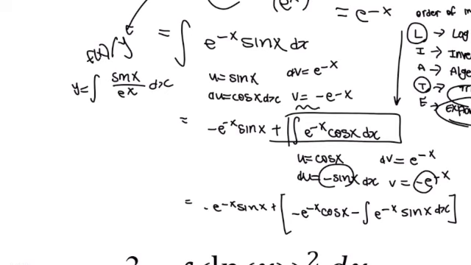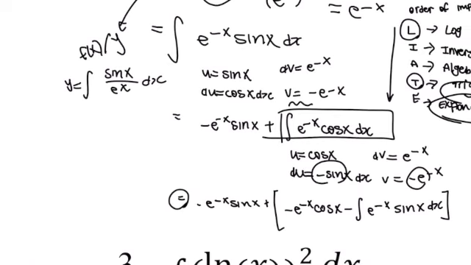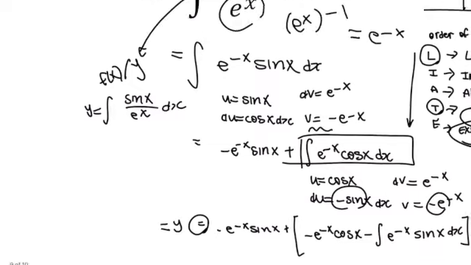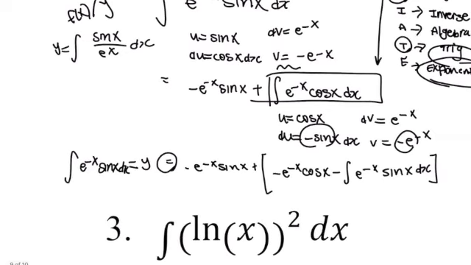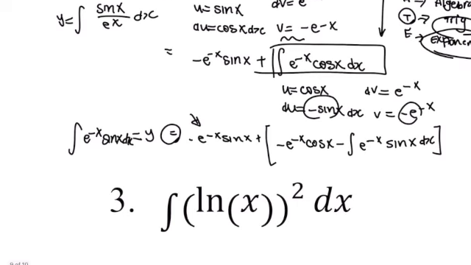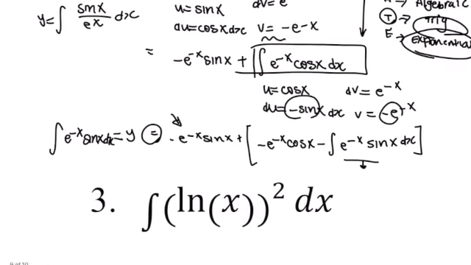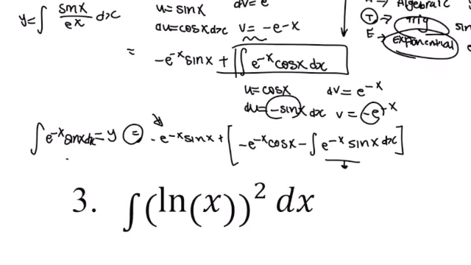Okay, so on the other side of this equal sign, there was always a y, but then we know that y is equal to the integral of e to the negative x times sine x dx, right? So this whole thing right here is equal to the integral of e to the negative x sine x dx, all right? Okay, and then that means that this term can be moved to the other side so that they can be combined, and then we can find the answer to the integral.